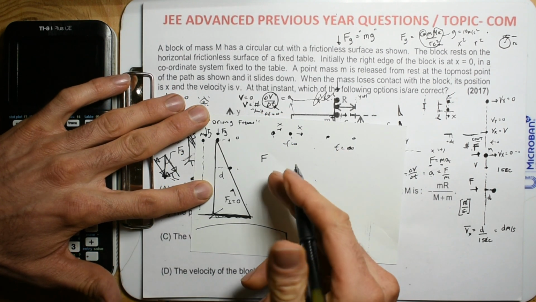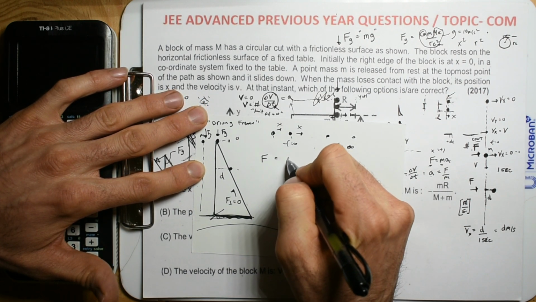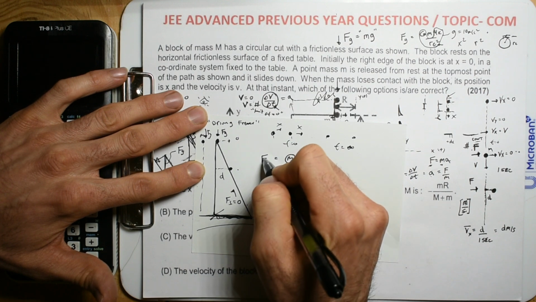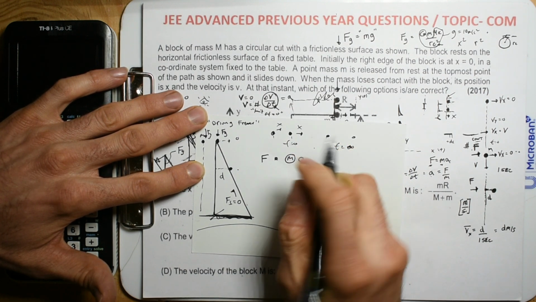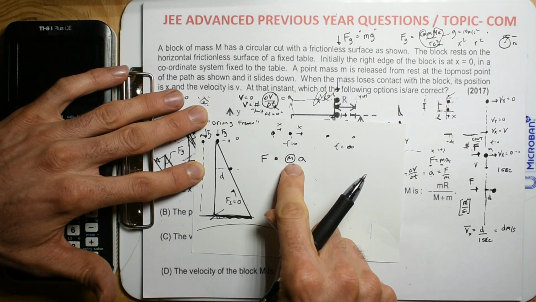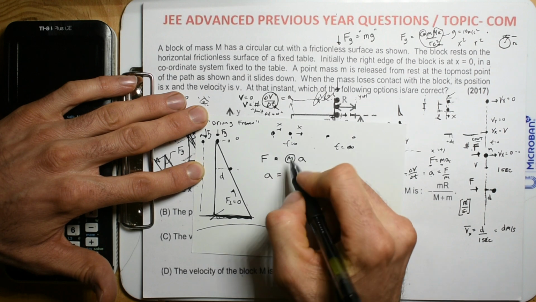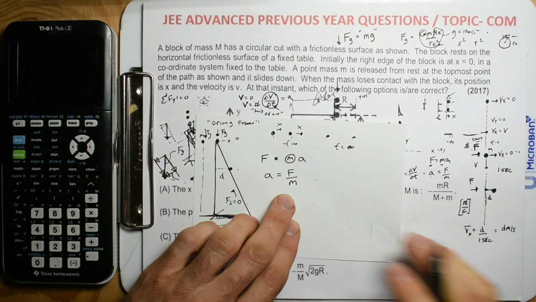We can say that Newton found a relationship that if we observe a mass and we apply a force on it, this equation holds: the force is equal to that mass times the acceleration, or we can say the acceleration of that mass is the force applied divided by the mass itself.